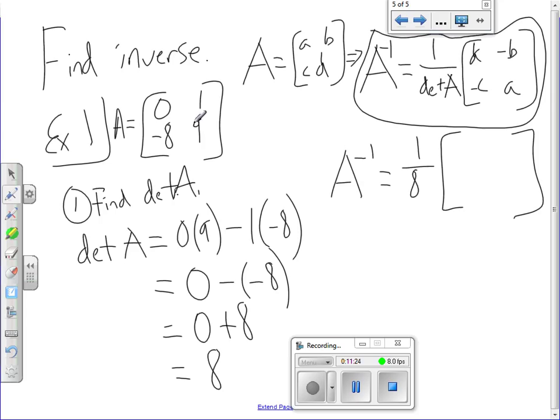So these two switch location. 9 in the upper left pocket, 0 in the lower right pocket. Along this diagonal where we have the 1 and the -8, those two numbers do not change location. Don't you dare move them. But what we will change are their signs. This one now becomes a -1 because it started off positive, and this -8 is now going to be positive because it started off negative.